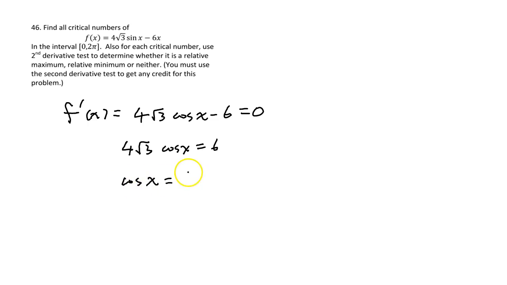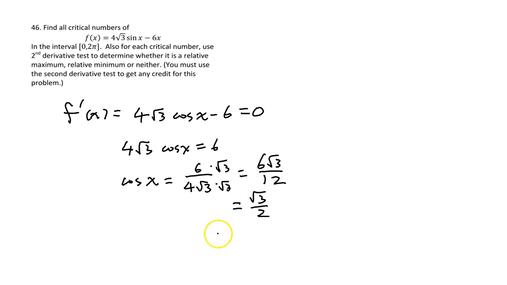Divide, and you get 6 divided by 4 radical 3, and because you have a radical in the denominator, you should multiply radical 3 top and bottom, which gives 12 in the bottom, because radical 3 times radical 3 is 3, 3 times 4 is 12, and 6 over 12 is 1/2, so radical 3 over 2.